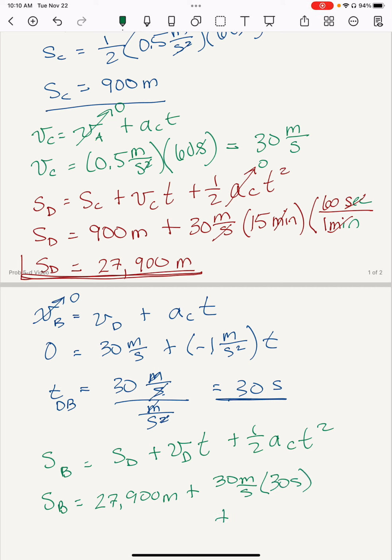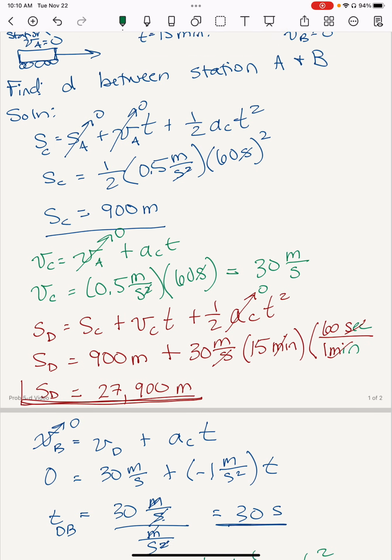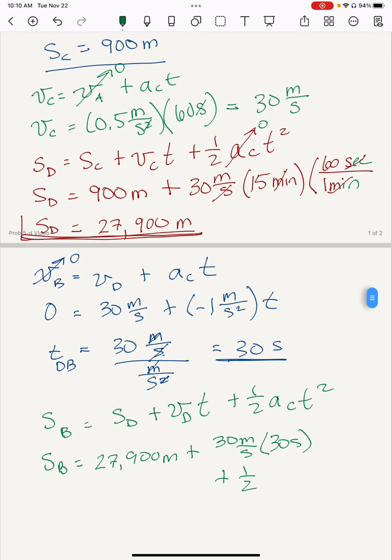And then plus 1/2 times the acceleration, which was negative 1 meters per second squared, times time squared.